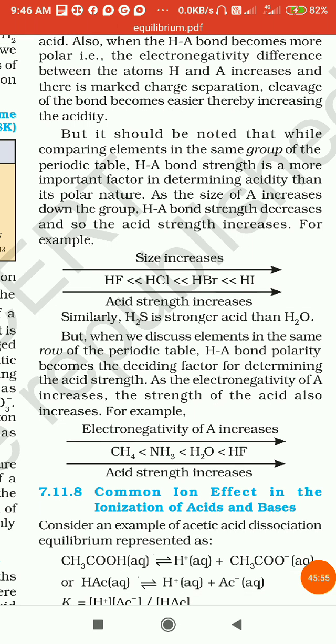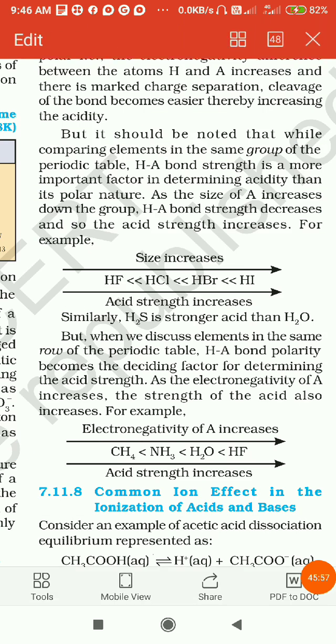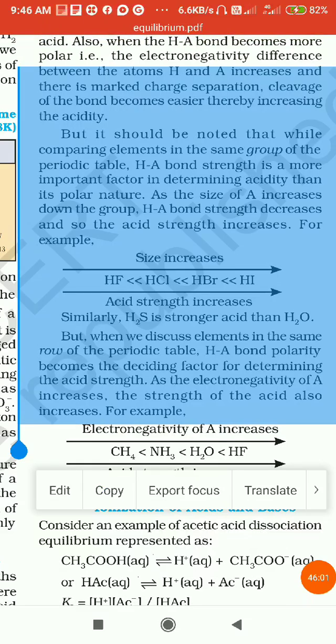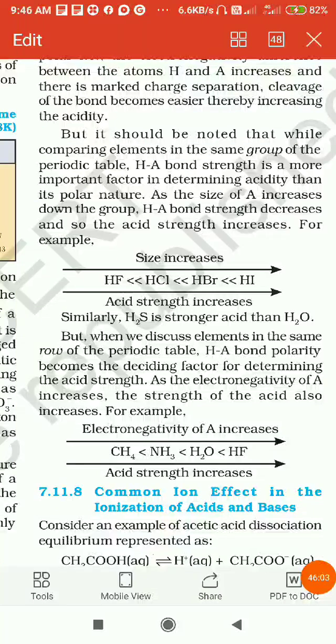Because of this statement, size increasing means acidic strength increases. That's why H2S is a stronger acid than H2O.